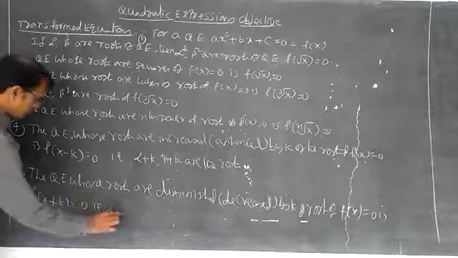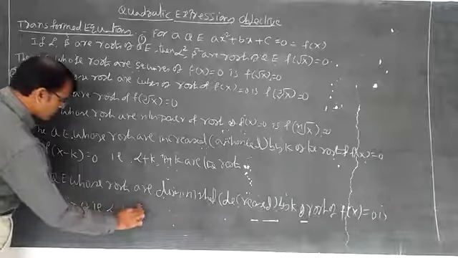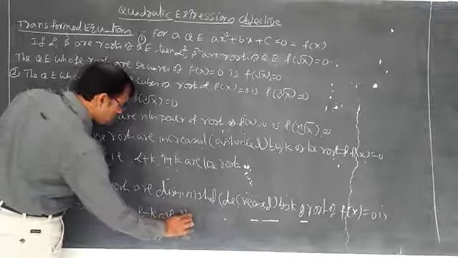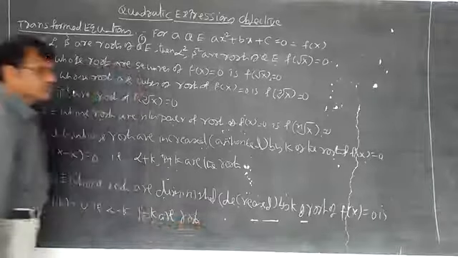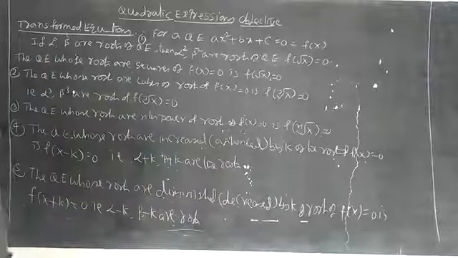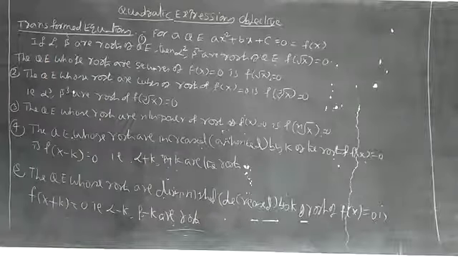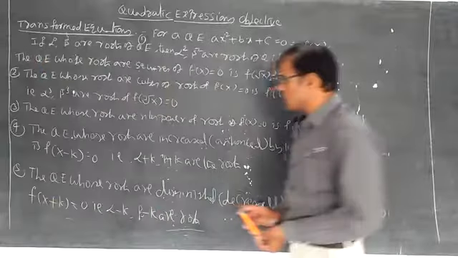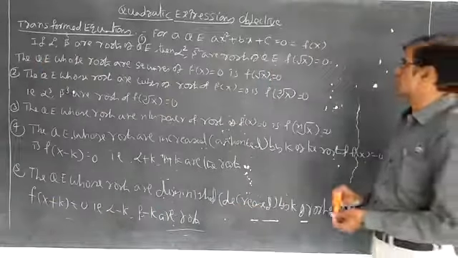That is alpha minus k, beta minus k are roots. Here you can observe one thing, that the symbol is getting opposite. Whenever the roots are increased, the notation is x minus k. Whenever the roots are decreased, the notation is x plus k.